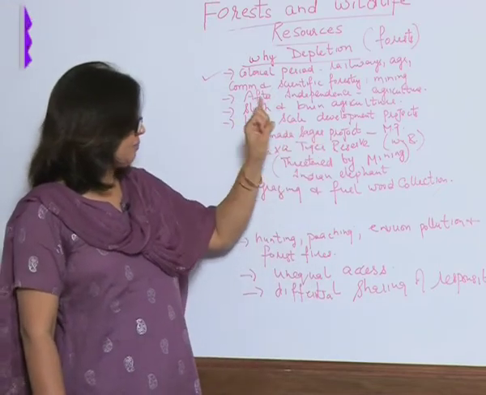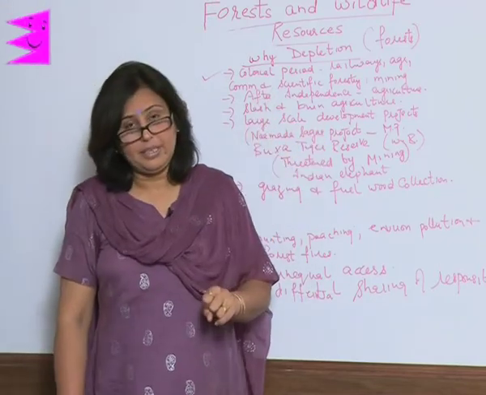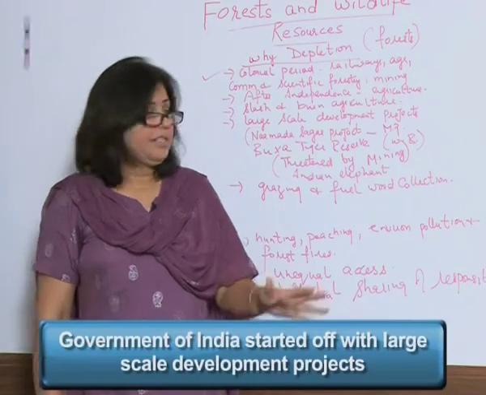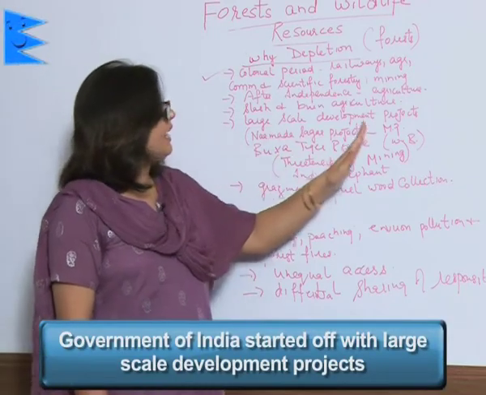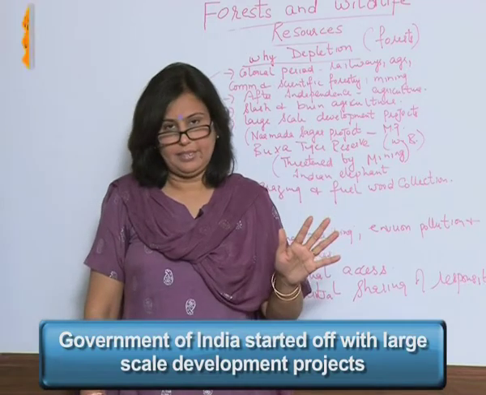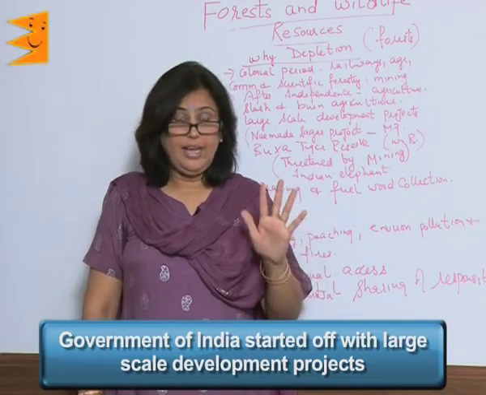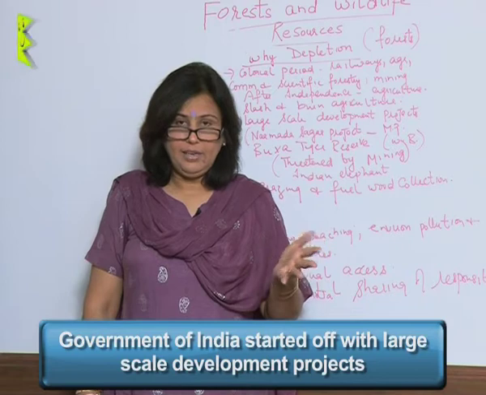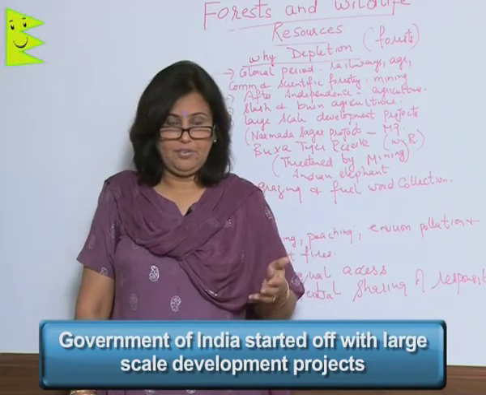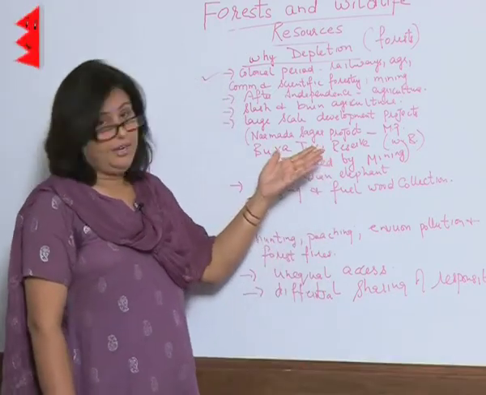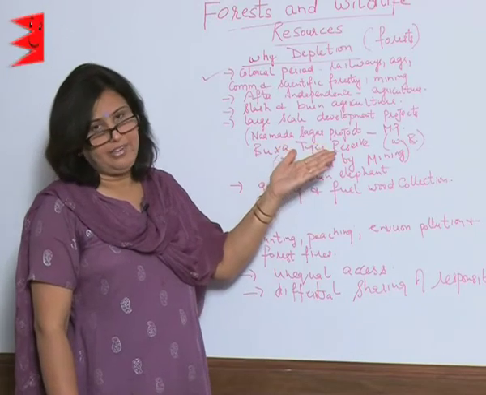Next is, after independence, the government of India started off with large scale development projects. Well, they are development projects leading to a lot of development in the country, but then it also has a lot of side effects.